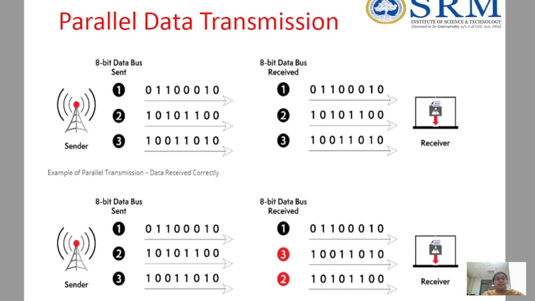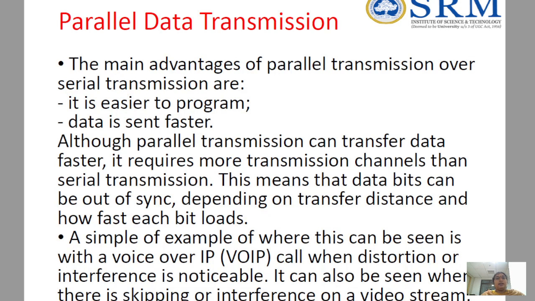The sender sends the bits in perfect order, but on the receiver side some of the bits have collapsed and been received earlier or maybe late. Okay. The main advantage of parallel data transmission over serial data transmission is that it is easier to program. Data is sent faster.